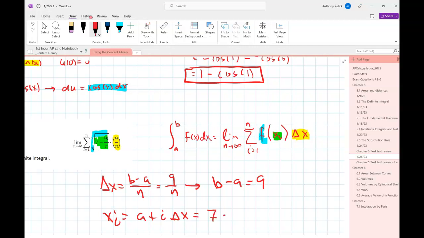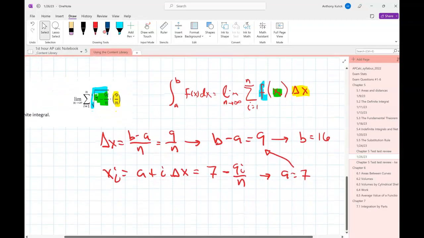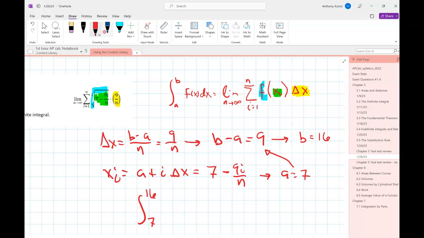So if that's 7 plus 9i over n, I can tell right away that a has to be 7. If a is 7, that tells me that b has to be 16. Now I think I have everything I need. So I have the integral from 7 to 16 of the cube root of x dx.